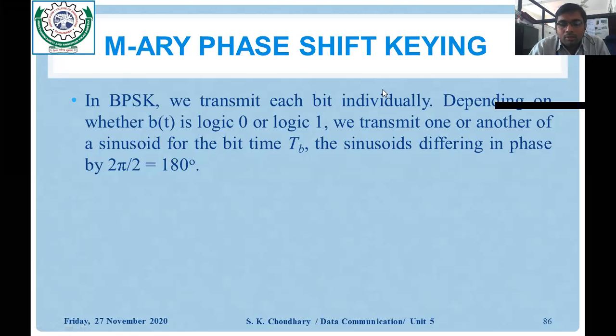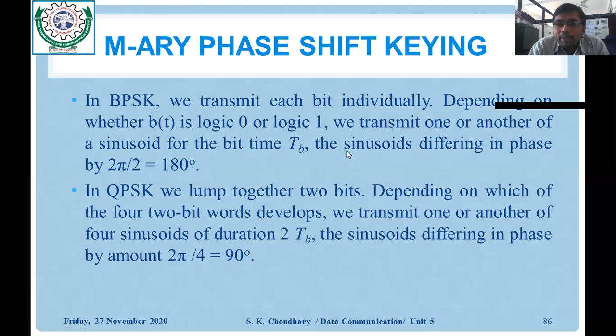When we move to the QPSK technique, we lump two bits together, depending upon which of these four 2-bit words is developed. When we combine two bits, there are 4 possibilities for these 2 bits. And we transmit these 2-bit words as one or another of 4 sinusoids of duration 2 TB.